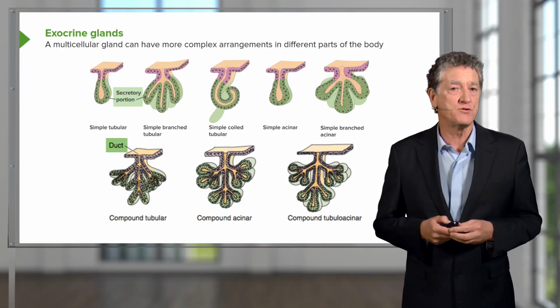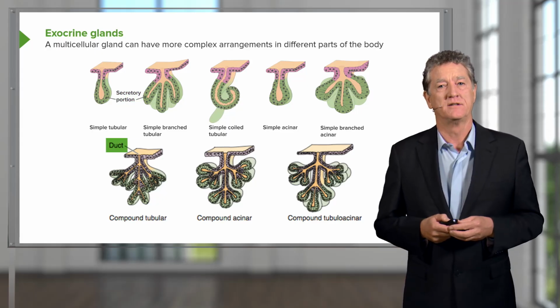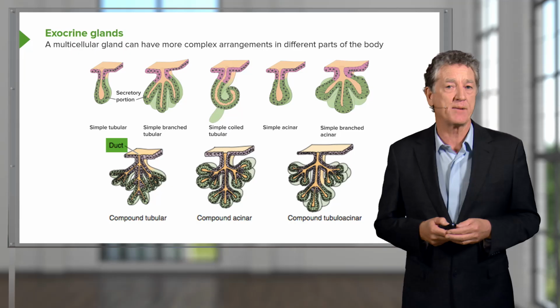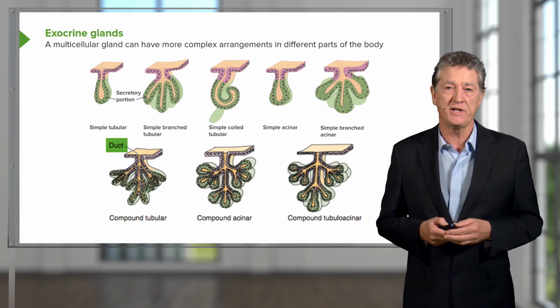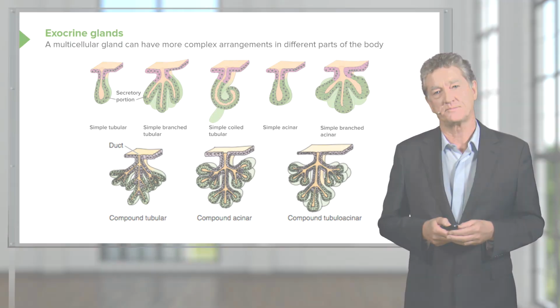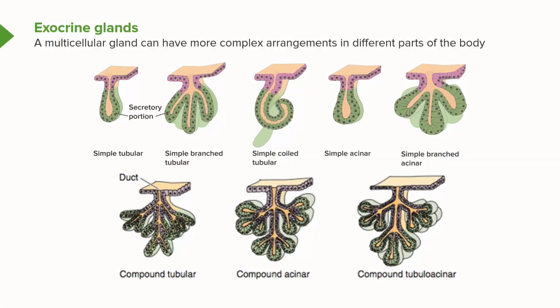And that forms a conduit or a duct. The deeper epithelial cells that have invaginated into the lamina propria become the secretory cells, the busy cells that make the secretion products.